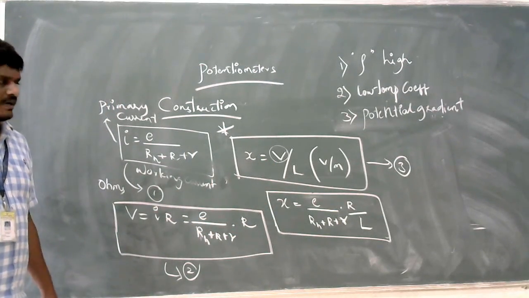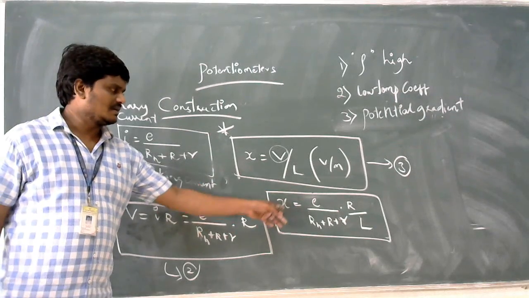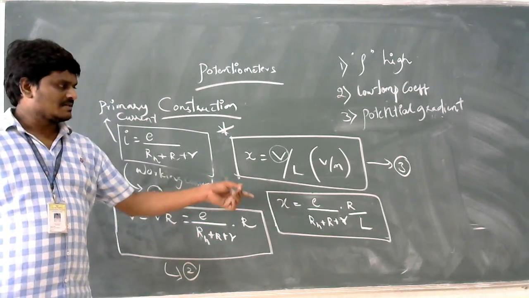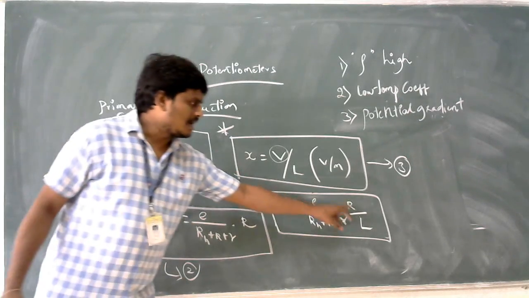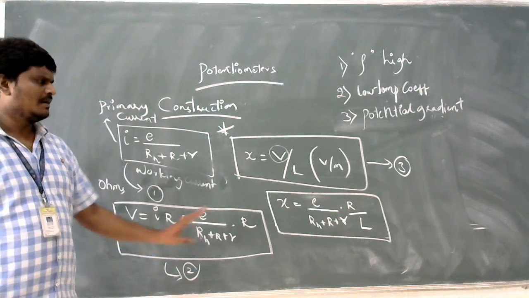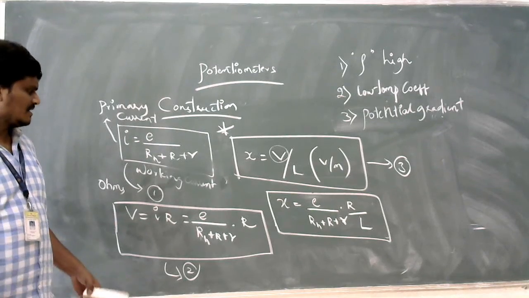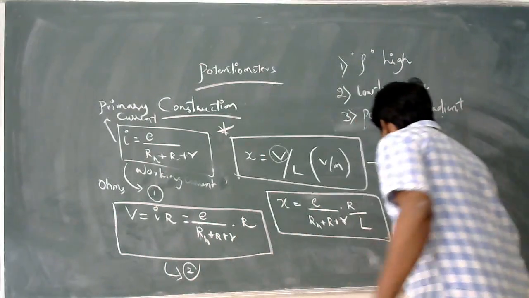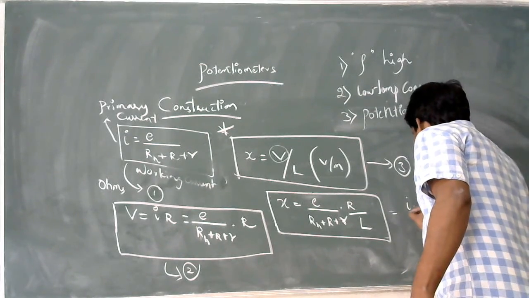What is the expression here? X equal to E by (RH plus R plus r) into R by L. The same expression can also be written as I into R by L.